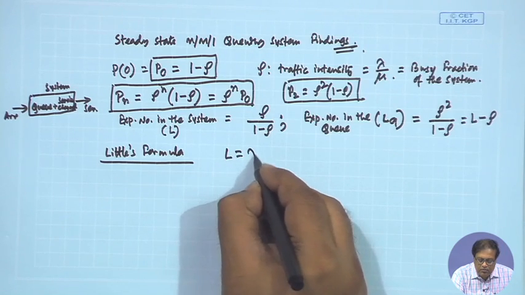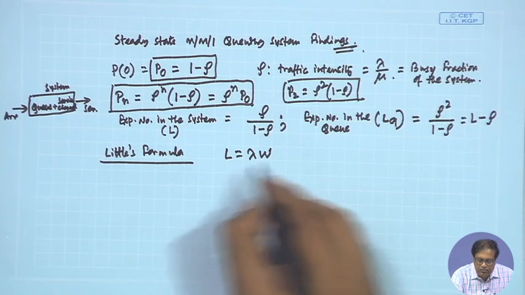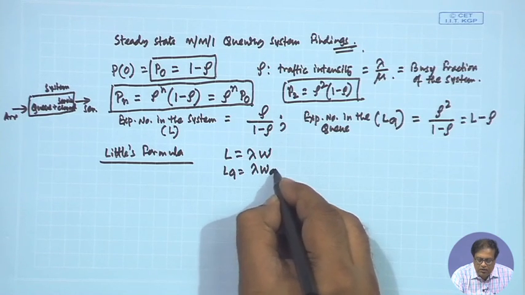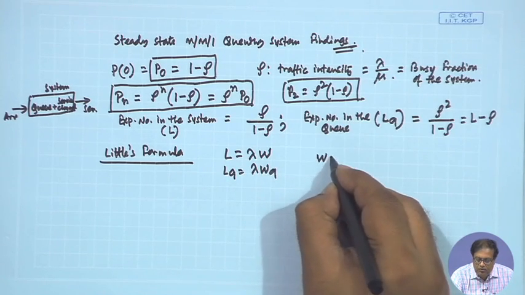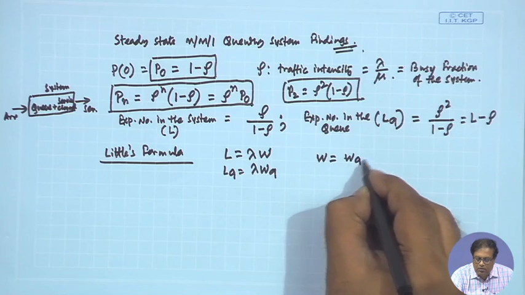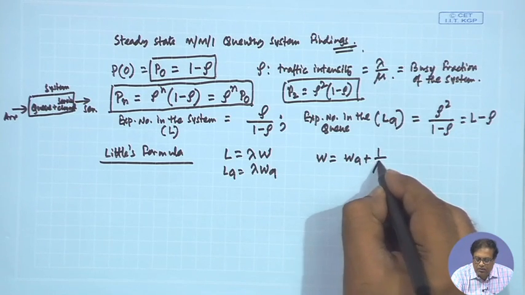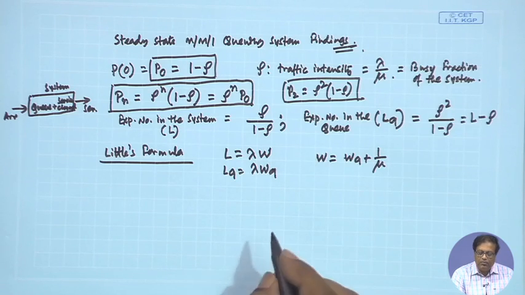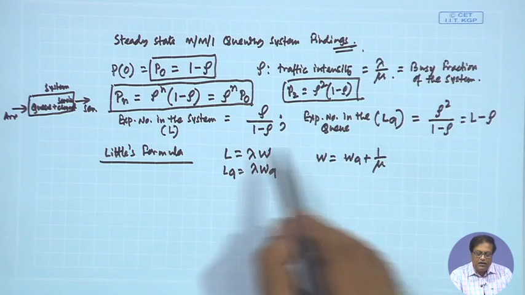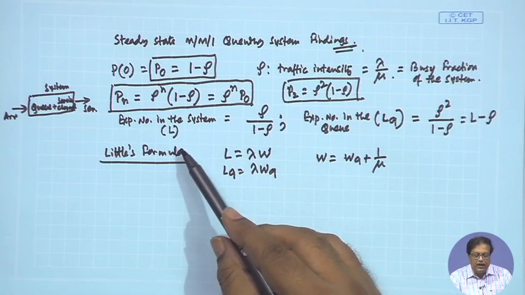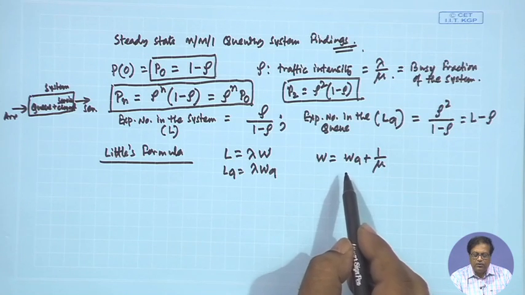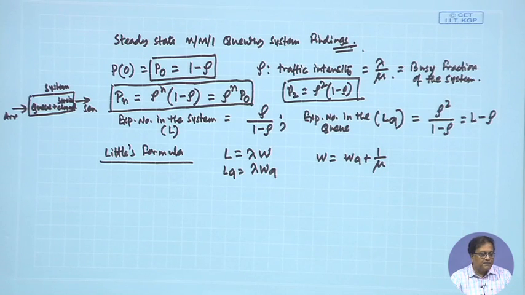And then obviously remember Little's formula: L equal to lambda W, LQ equal to lambda WQ, and W equal to WQ plus 1 by mu. If you remember all these Little's formulas, and you can calculate one of L or LQ or W or WQ, then you can get the others, right.